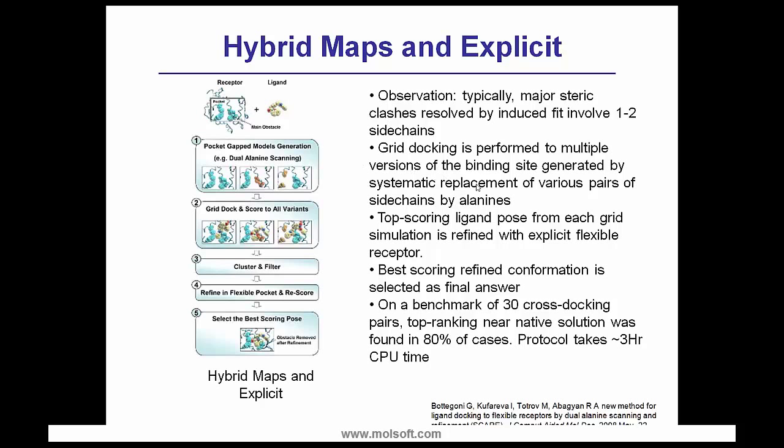So this method called SCARE, which is published here: grid docking is performed to multiple versions of the binding site, and the binding site is generated by systematic replacement of various pairs of side chains by alanines, which opens up the pocket and models a more open pocket. And then you have an ensemble of these different pocket conformations. In a similar way, you can dock to this ensemble.